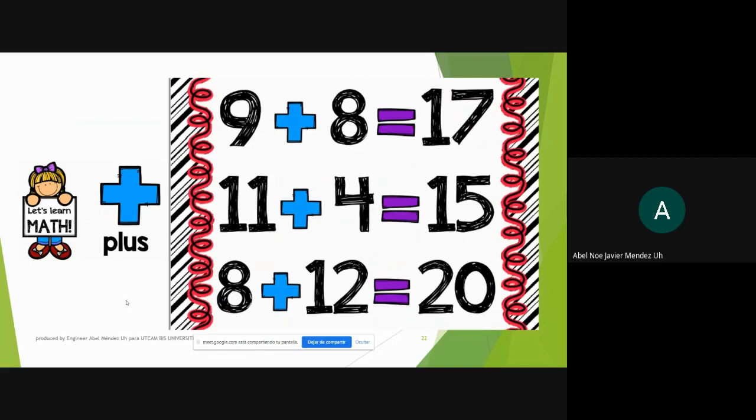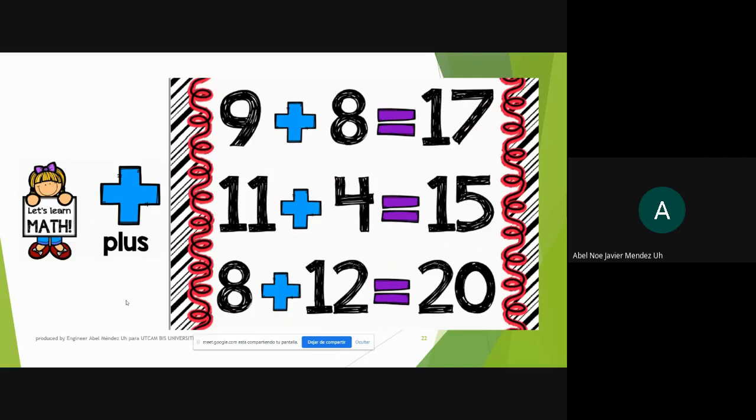How do you say the first operation? I can say 9 plus 8 equals 17.